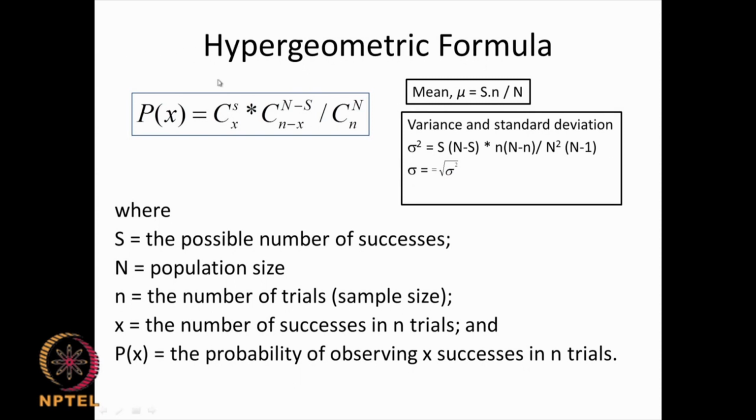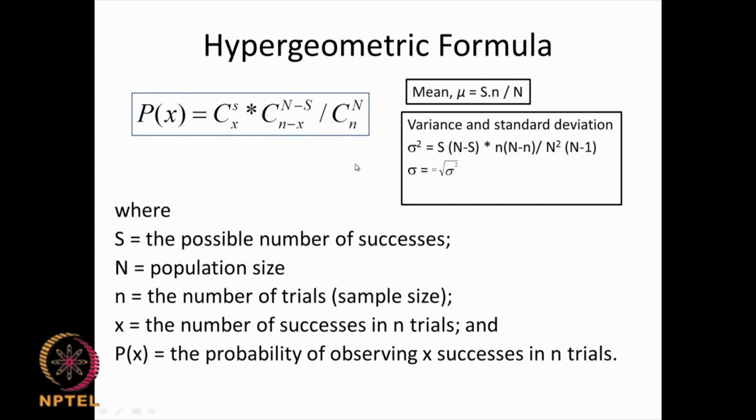Similarly, you will have (N minus S) factorial in the numerator, (n minus x) factorial in the denominator, then (N minus S minus n plus x) factorial again in the denominator. That is how it is broken down, and this will show N factorial in the numerator, and the denominator will have n factorial and also (N minus n) factorial, and that is how the terms look in the hypergeometric distribution.